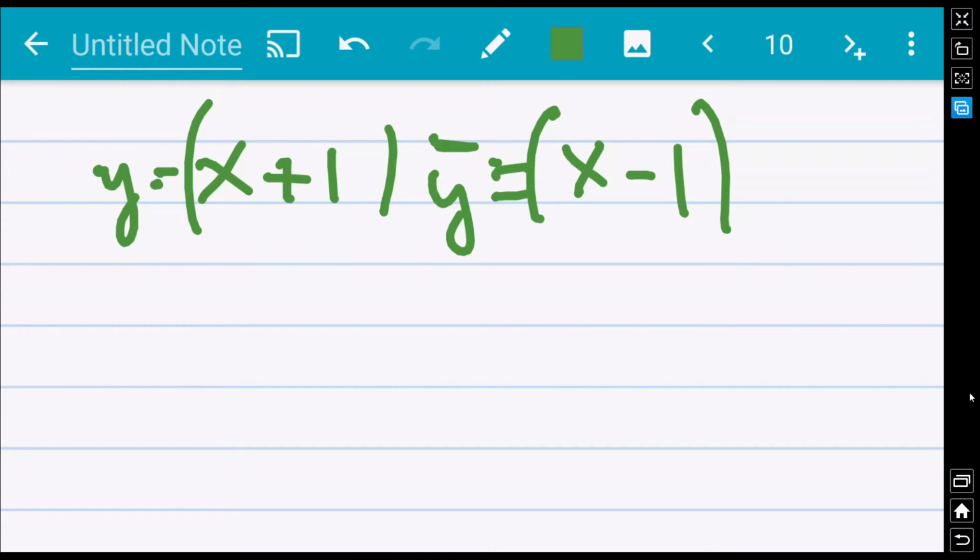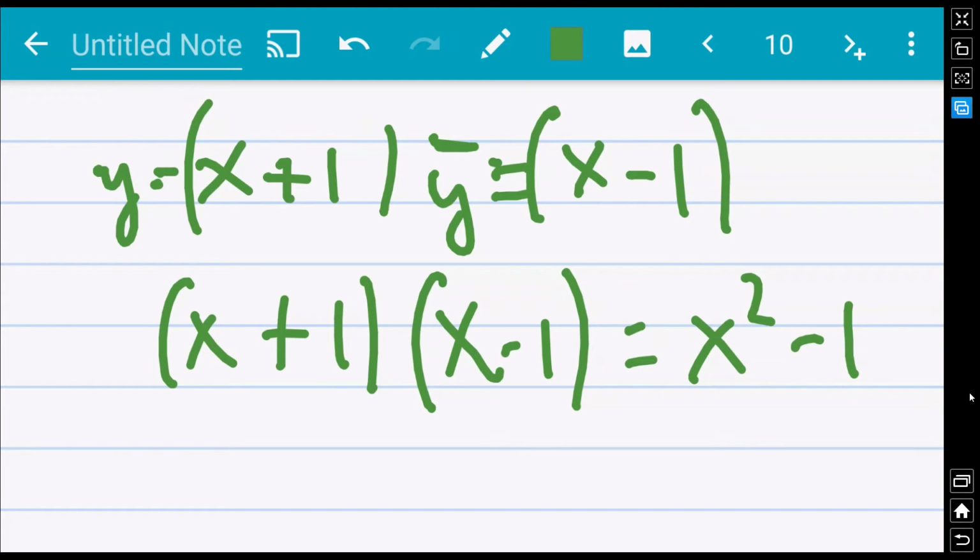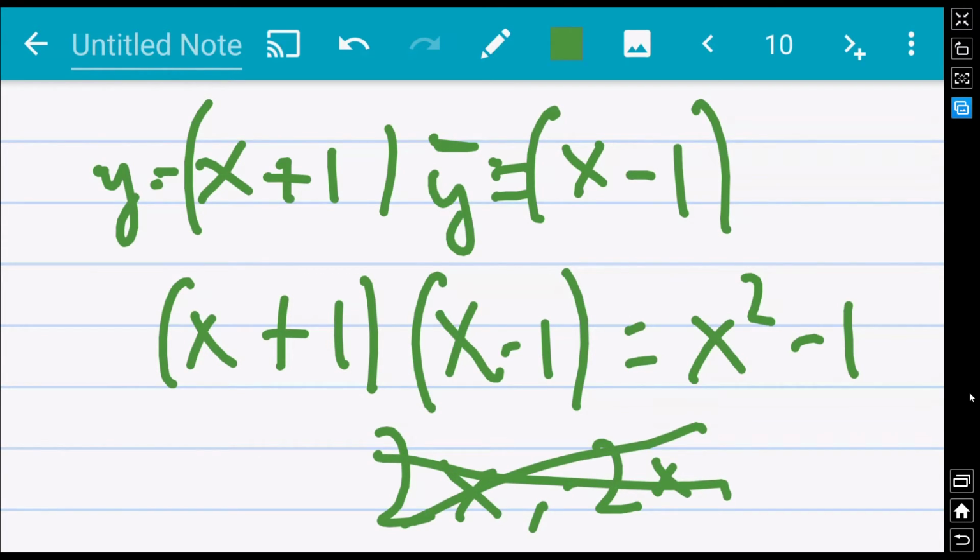So that way, if we multiply x plus 1 times x minus 1, we get x squared minus 1. We don't have to worry about the number in the middle, which would be 2x or negative 2x.